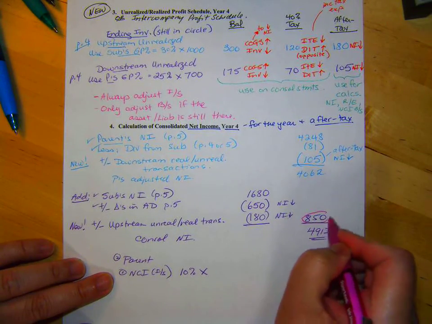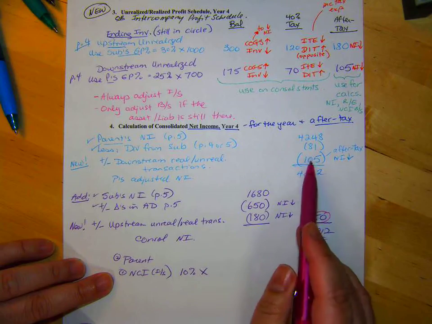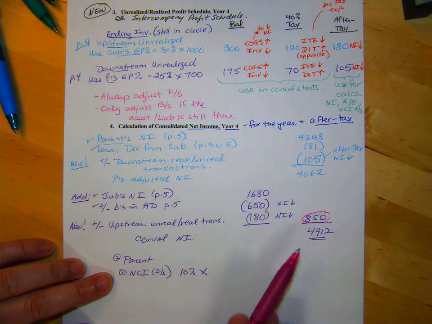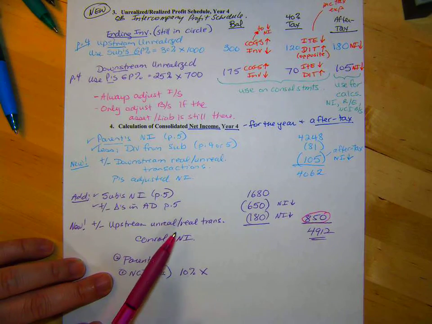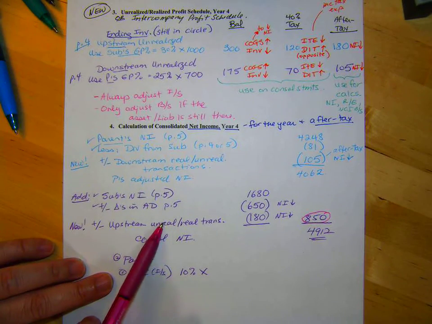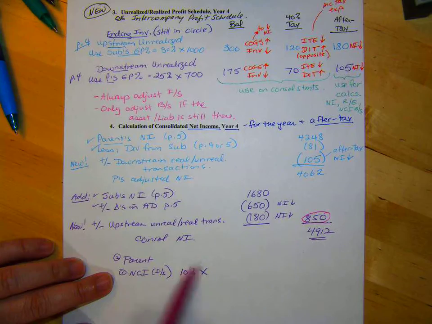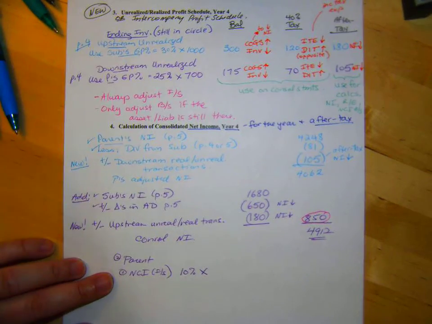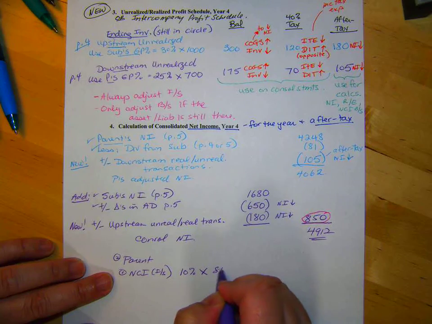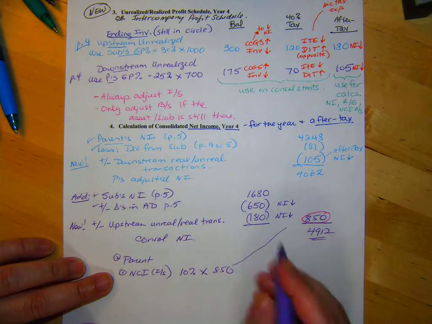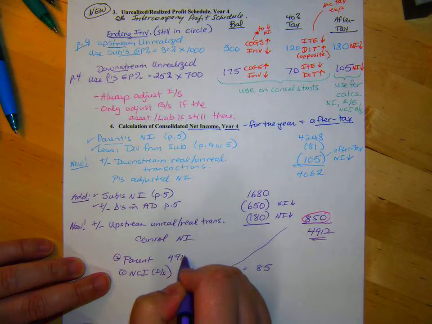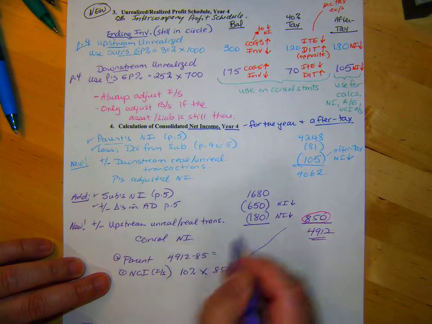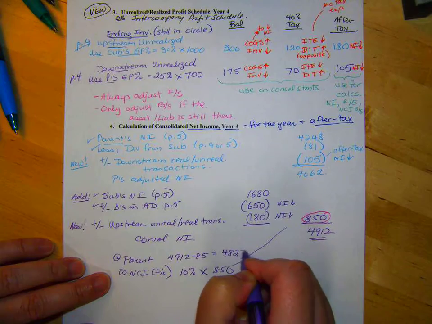This one. Because NCI doesn't own any of the parent's, so we don't care. That's why we separated downstream up here and upstream down here, because the sub selling, that belongs to NCI. Parent selling, NCI doesn't need anything to do with that. 10% times 850 is 85, and that means the parent gets 4912 minus 85 is 4827.